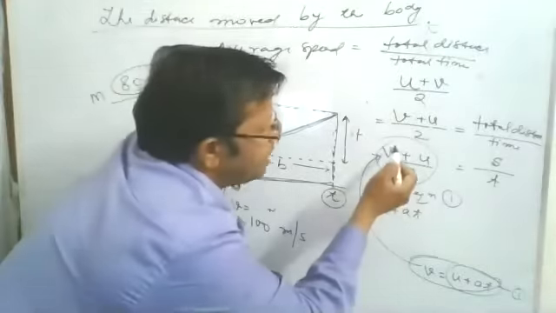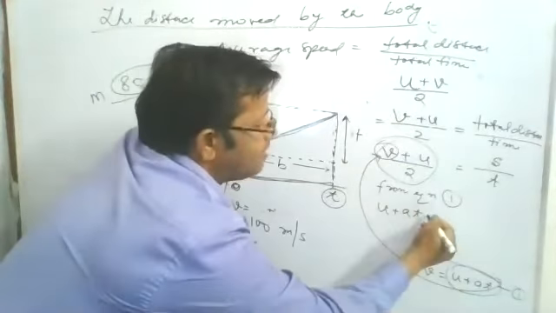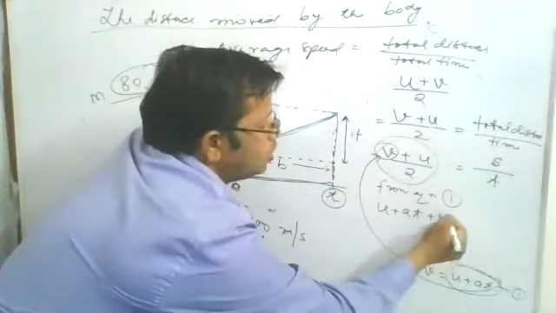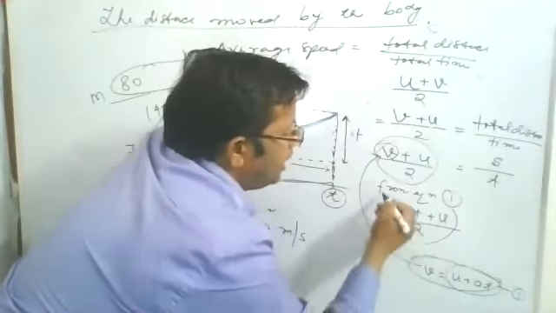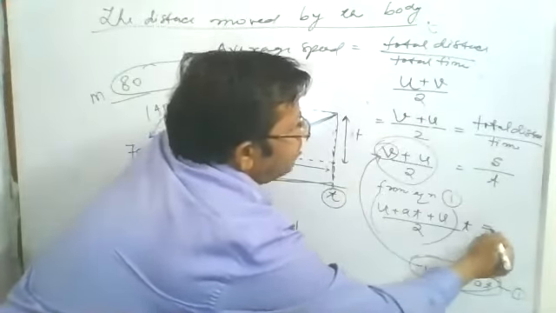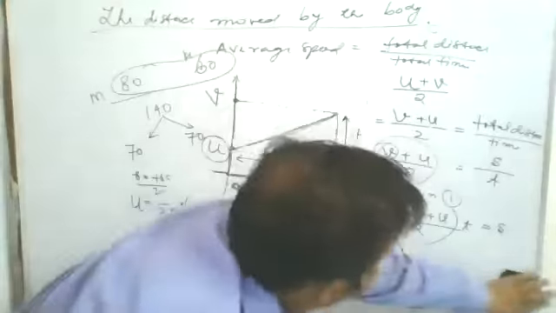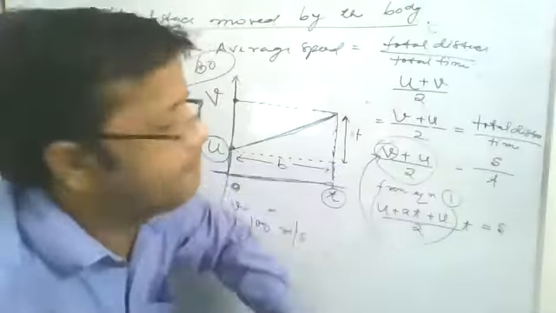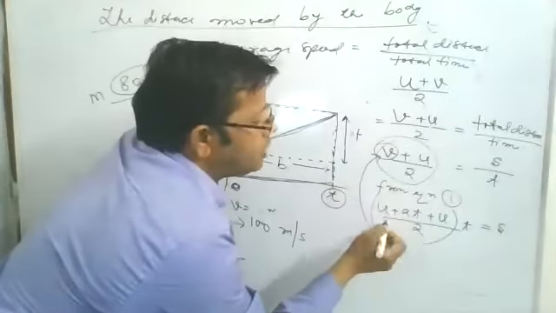So in place of V from equation 1, we can write (U plus AT plus U) divided by 2. T comes this side, and it gets multiplied, giving S. In place of V, we have written U plus AT.